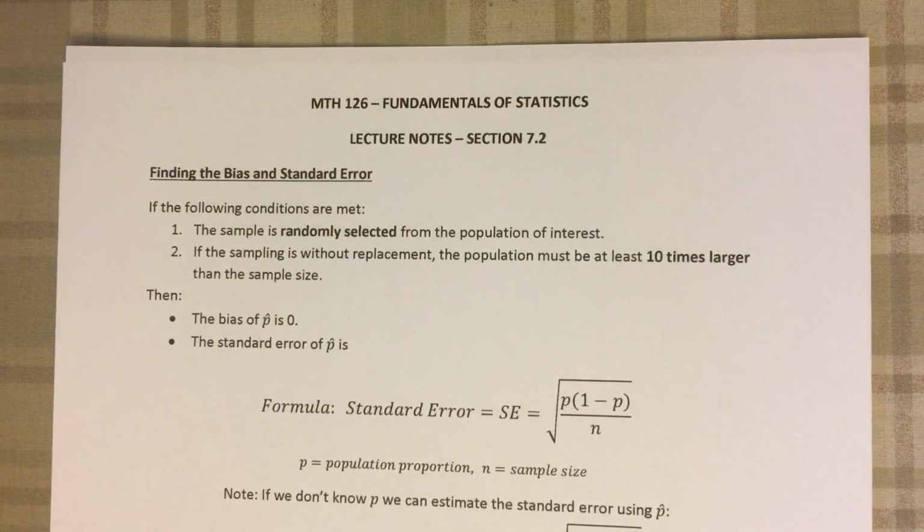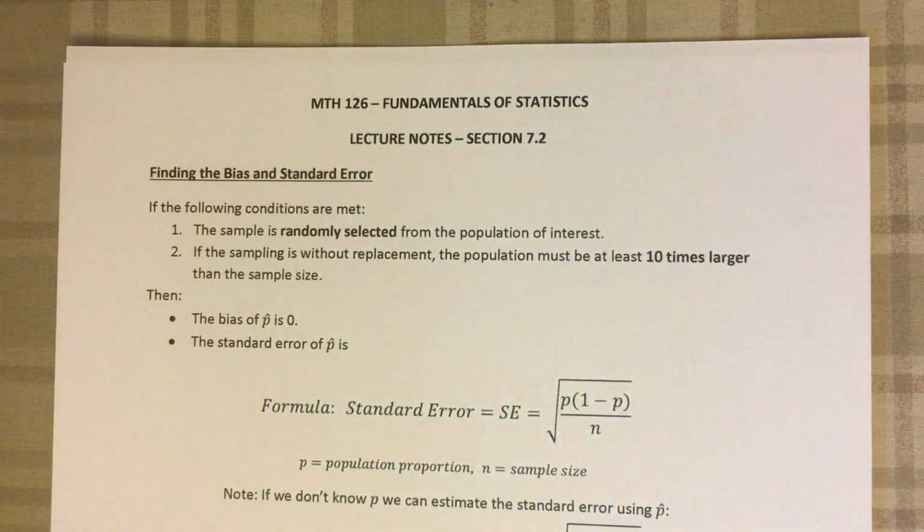All right, so this last example, this last formula that we're going to look at, is standard error. We have a couple of conditions at the top, which are similar to conditions that we're going to see in the next few sections as we progress through Chapter 7. So if the following conditions are met, if our sample is randomly selected, we talked a little bit about simple random sampling, we want to make sure that our samples are randomly selected.